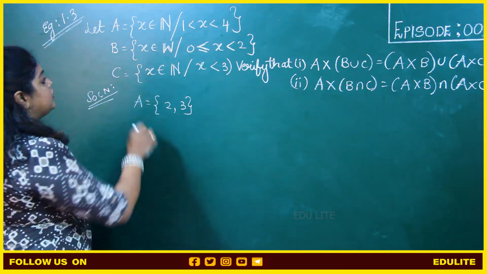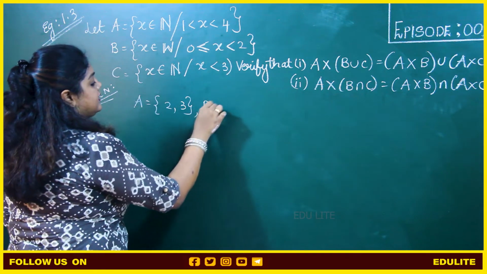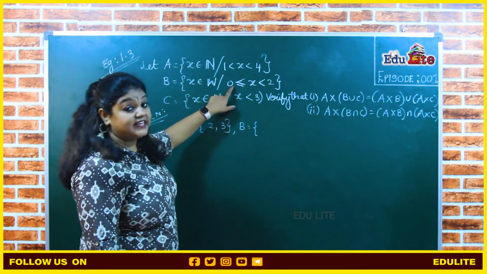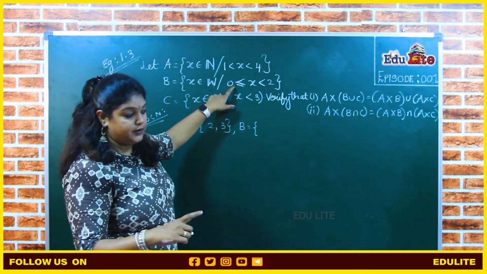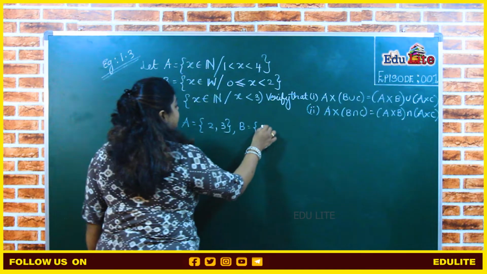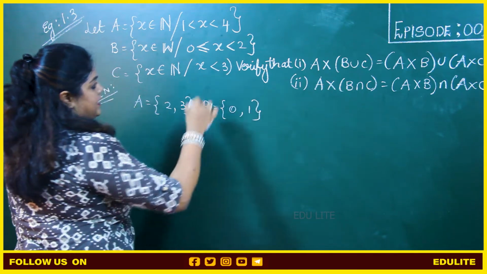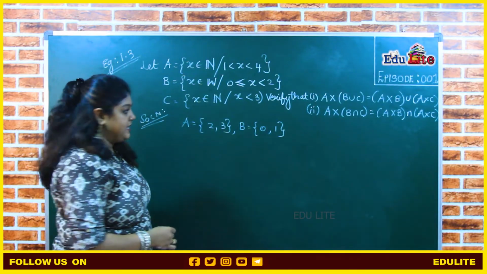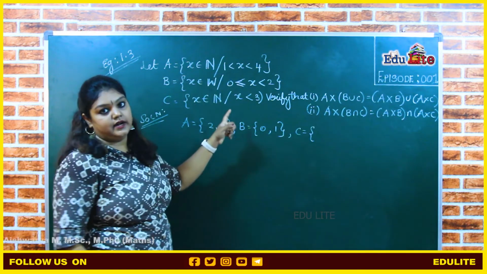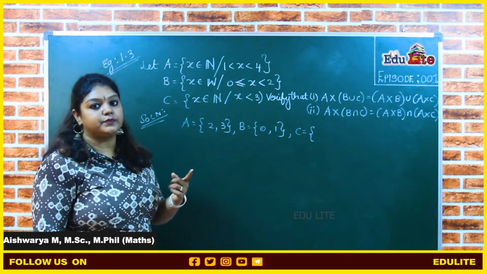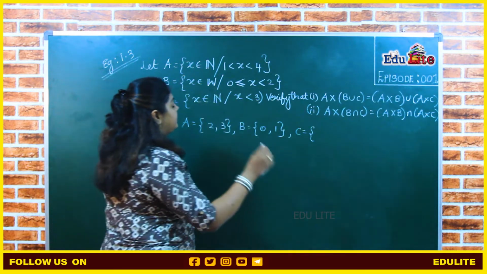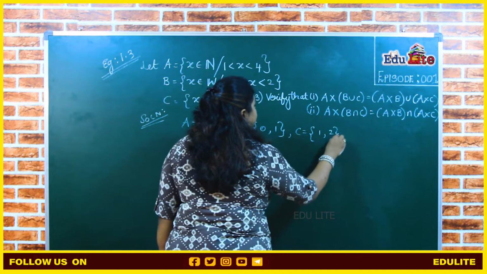Next, moving on to the set B. In the B set, x is a whole number, whole numbers start with 0. 0 is included but 2 is not included. Therefore, we can write it as 0, 1. Next, moving on to the set C. Again in C, x is a natural number, which means it starts with 1 and is less than 3. 3 is not included. Therefore, we can write only 1 and 2 for C.